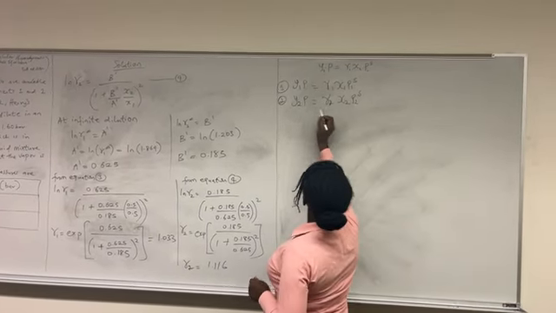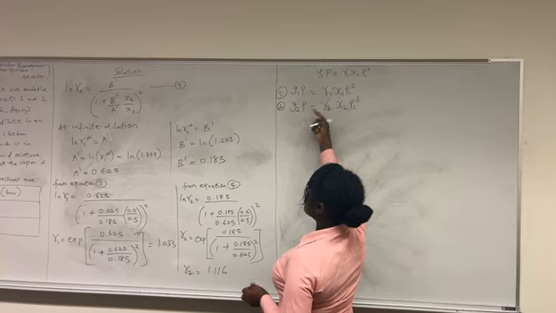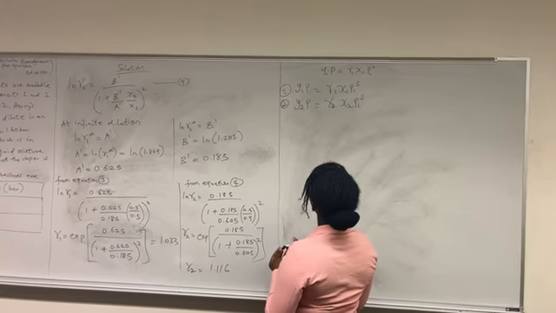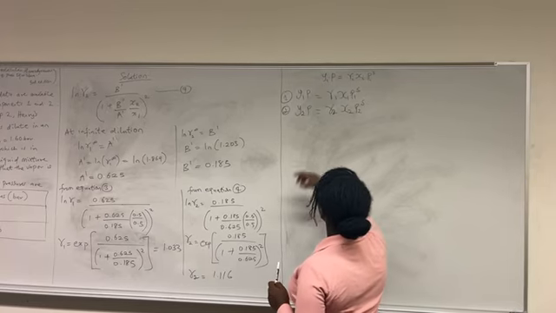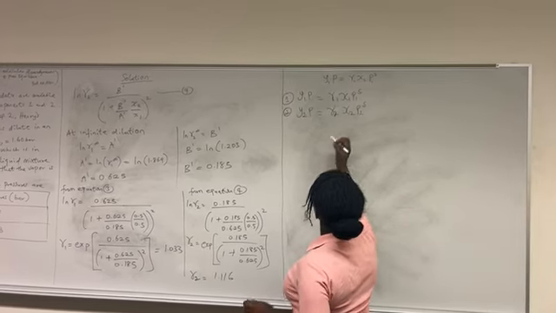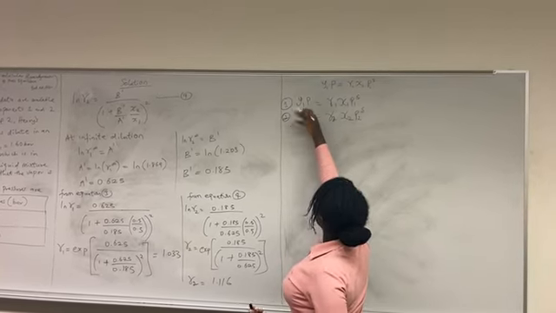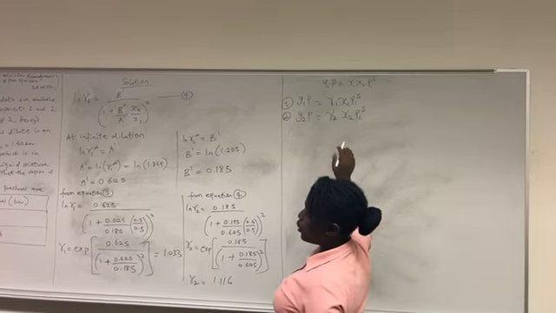So for us to be able to get our Y1 and Y2, which are the molar fractions of the sample in the vapor phase, I want to divide equation 1 by 2.